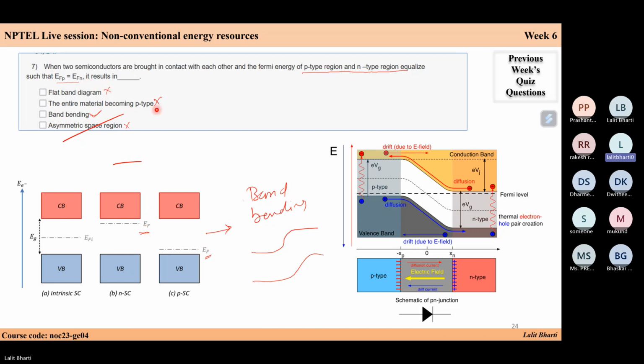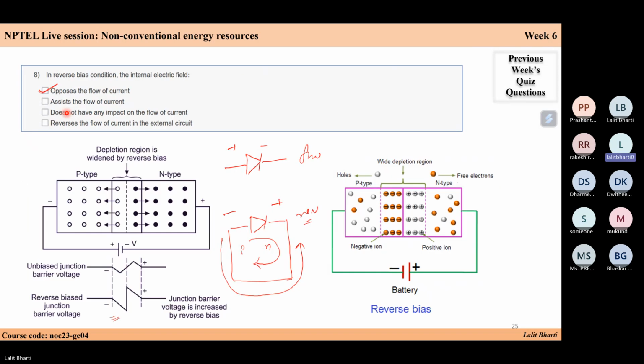So it results in what? We know it results in band bending. So not flat band, not the entire material, not the asymmetric space. It is directly related to the band bending. So that is clear. Then we have question 8. This is all we have already discussed earlier.